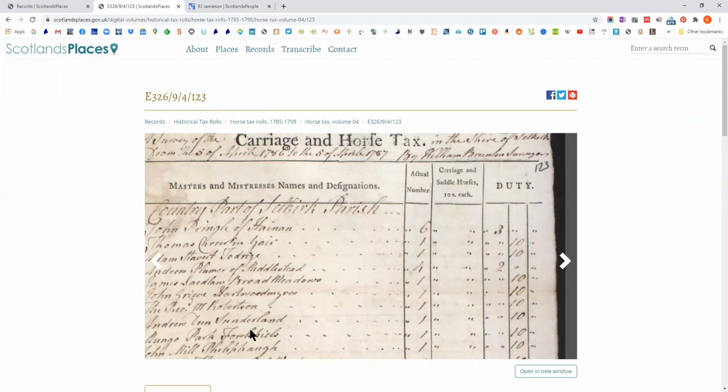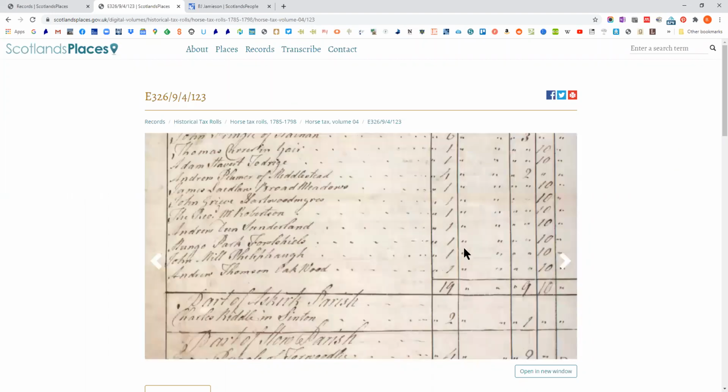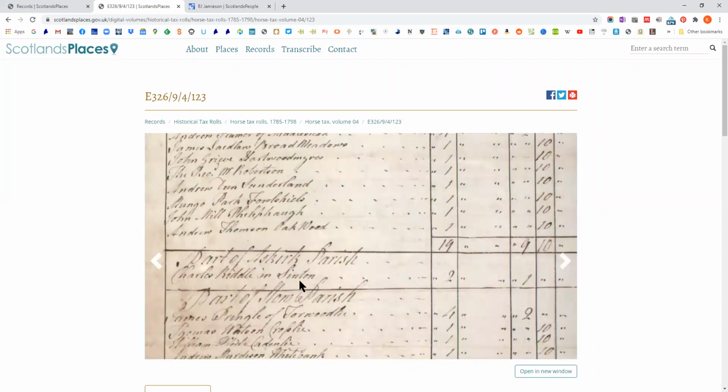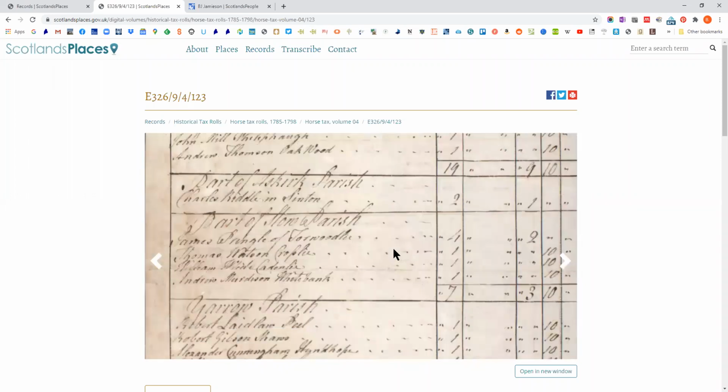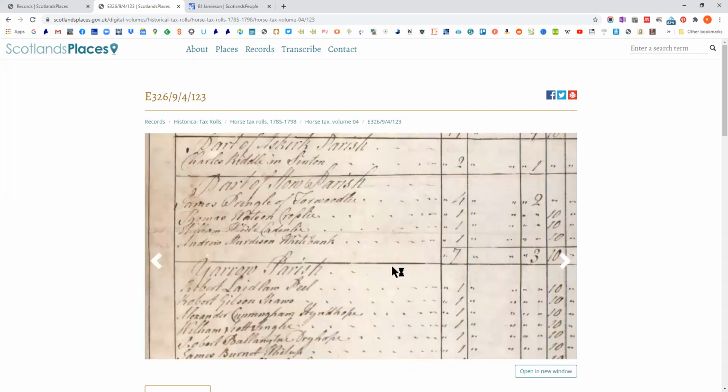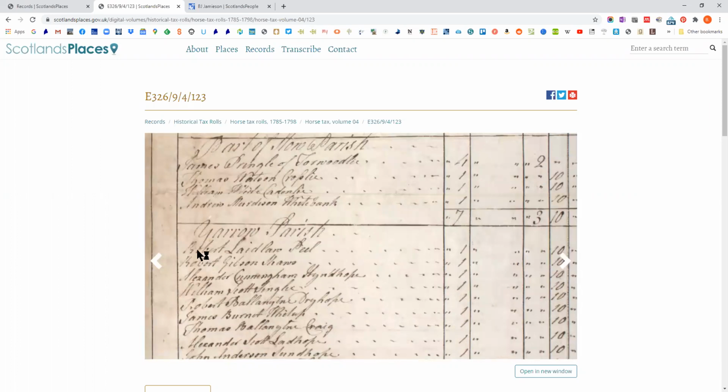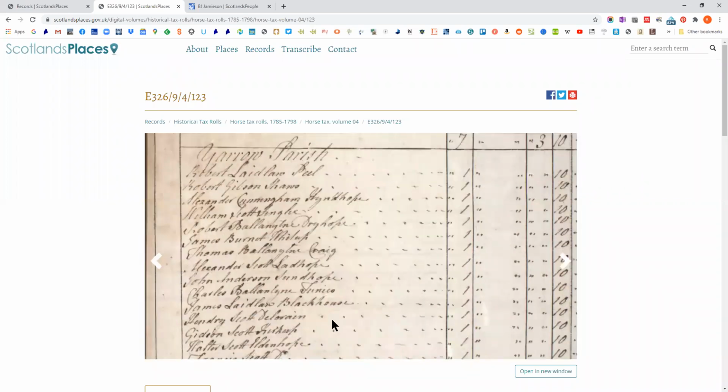And you get others where they've got 1. Here there's 1 person in the parish who has a horse. So here's Yarrow, where you have Robert Laidlaw of Peel and Robert Gibson of Fanrow, it looks like. And so you're getting people put in a place, which is essentially what you want for a census.